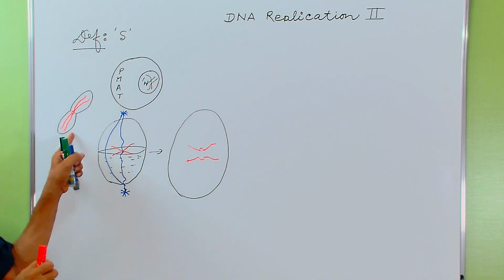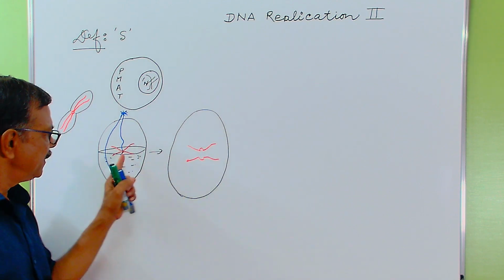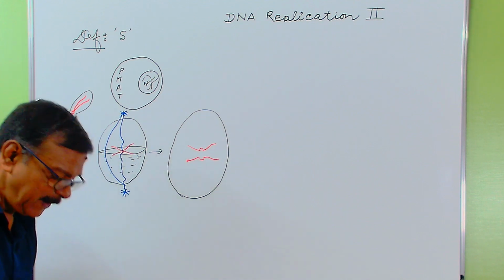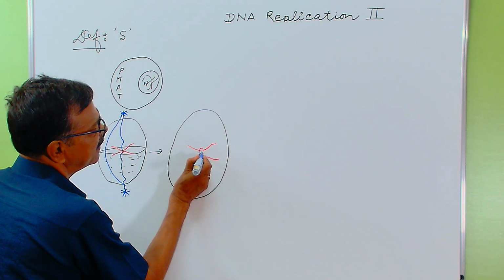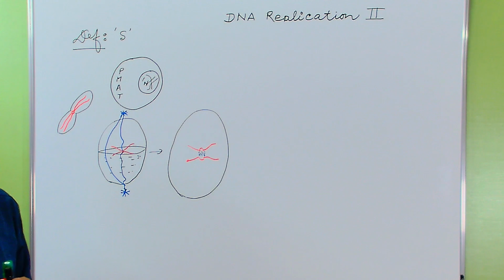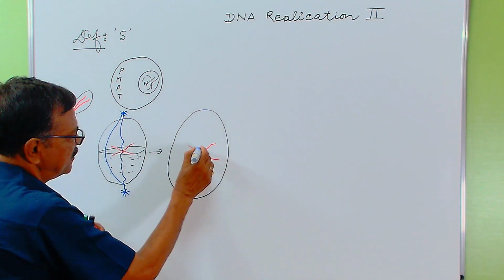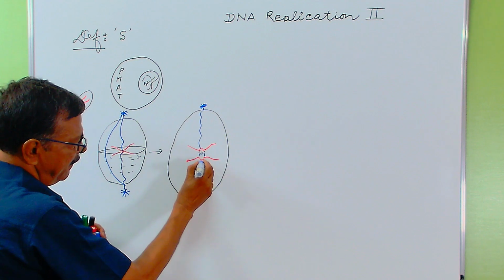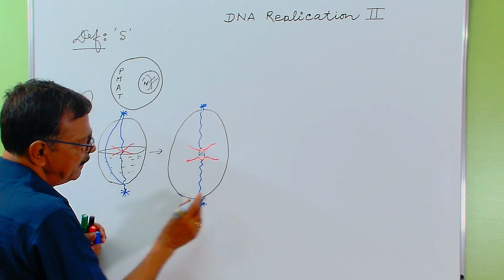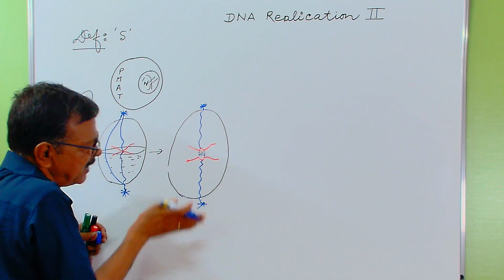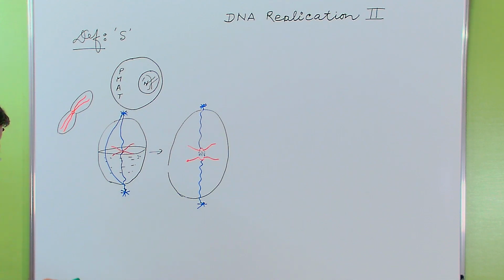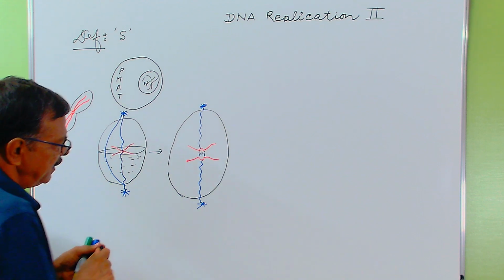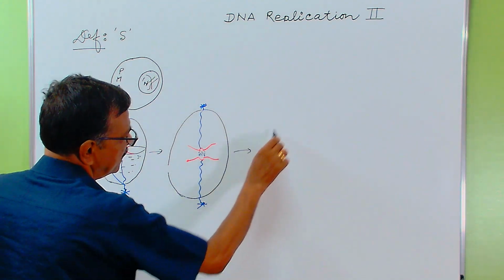Two chromatids form a chromosome, and here the chromatids split apart, and there are some fibers we call interzonal fibers. This is the chromosomal fiber. Half of the chromosomes go to this side and half go to that side.